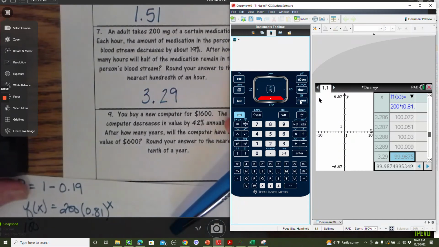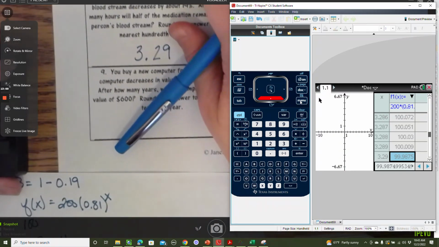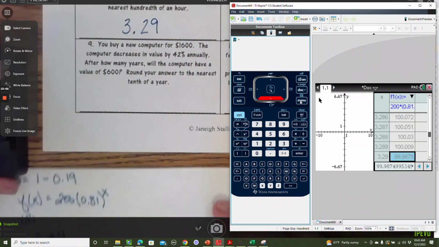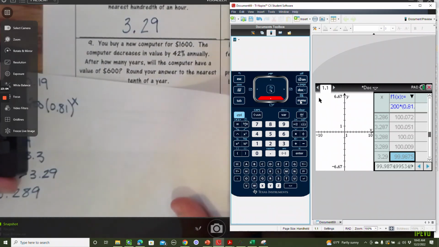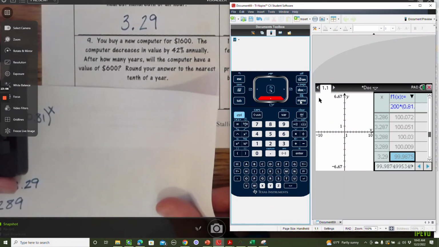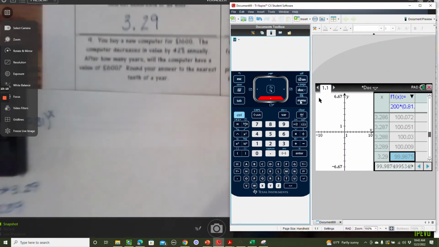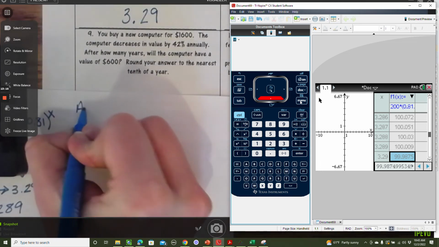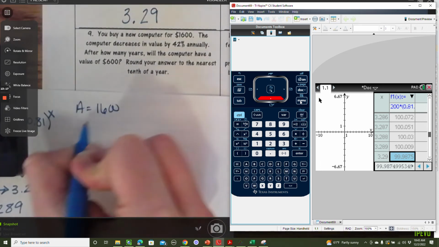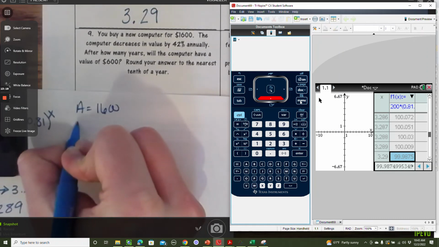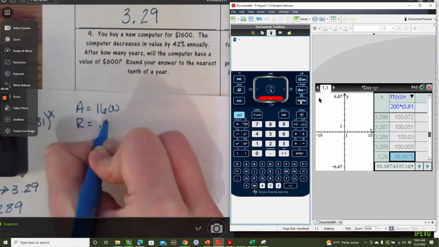All right, last one. You buy a new computer for $1,600. The computer decreases in value by 42% annually. After how many years will the computer have a value of $600? What's the A value? 1,600. Okay, what's the rate? 0.42.